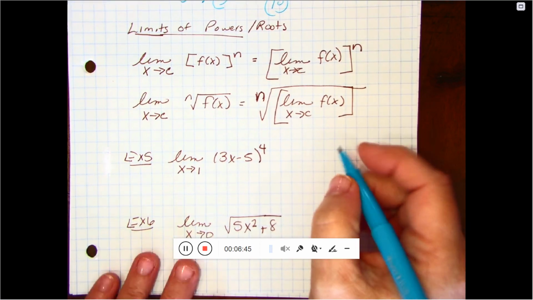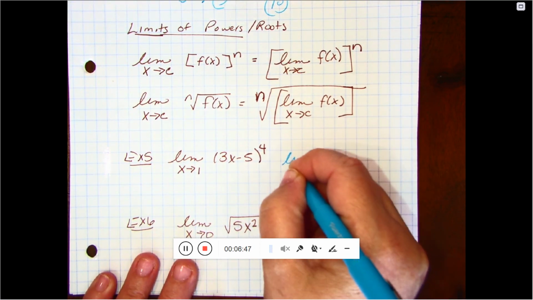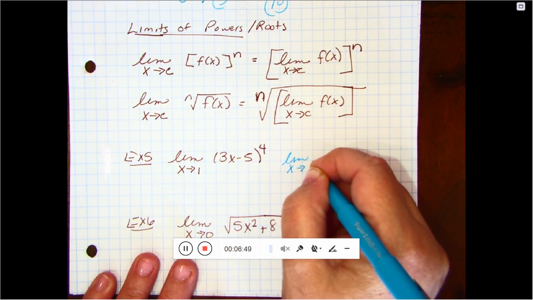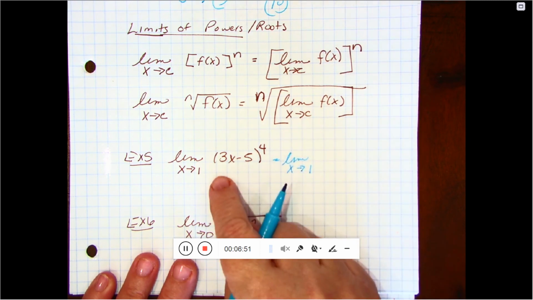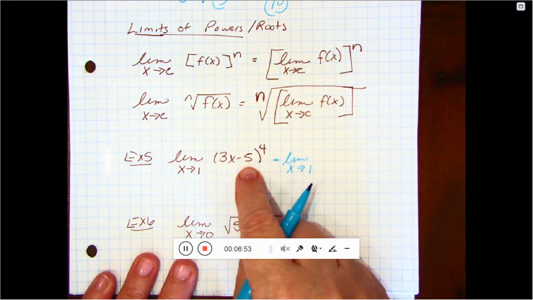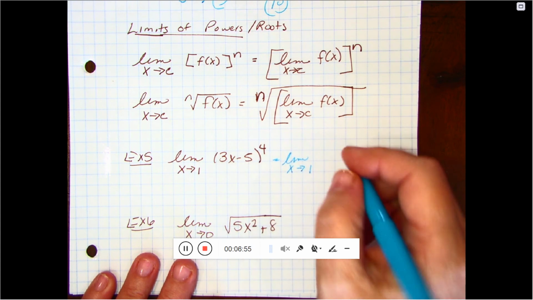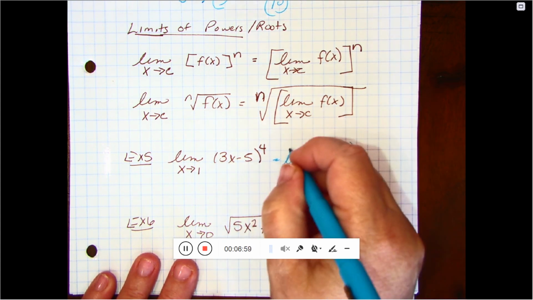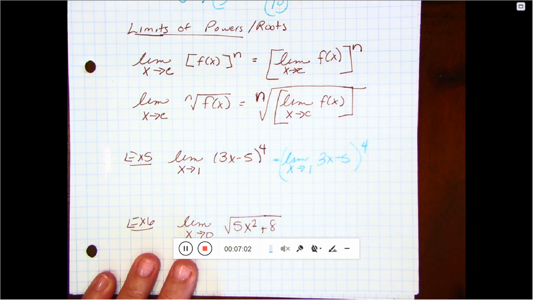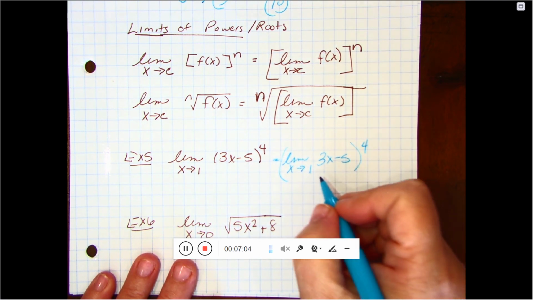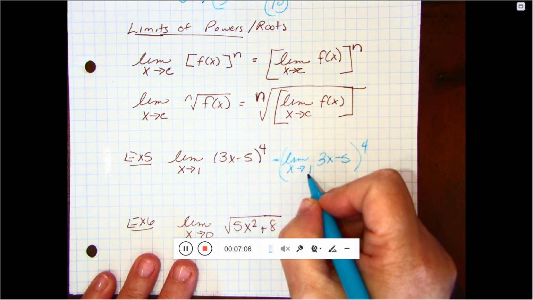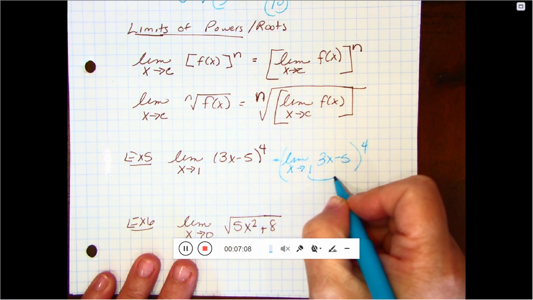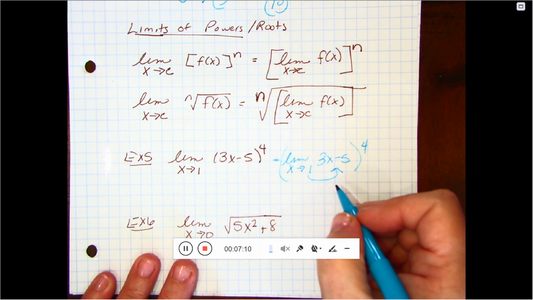Okay, so the limit as x approaches 1 of 3x minus 5 all to the 4th power. Remember, what we were seeing with those polynomials is we can simply plug the 1 in.